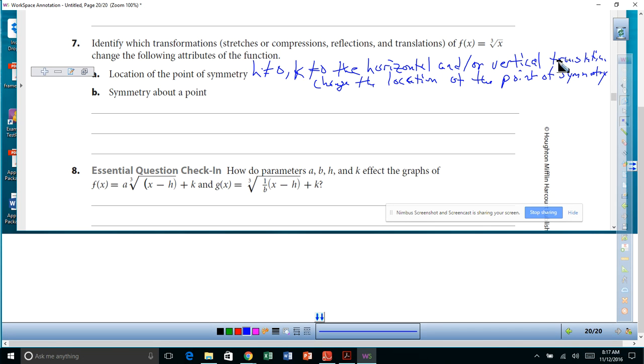So H can change it, K can change it, and H and K together can change it.